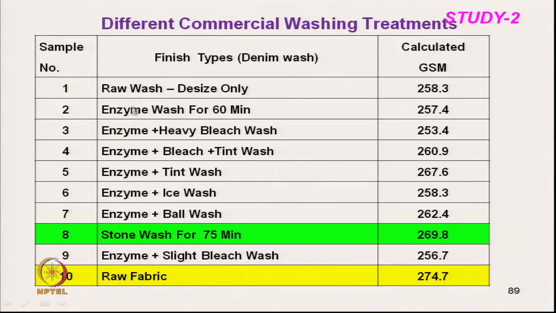Different washing treatments are given to the same fabric, collected from a particular industry, and the mass per unit area is very close. Due to the washing treatment some changes are there, but otherwise we can consider there is no difference.